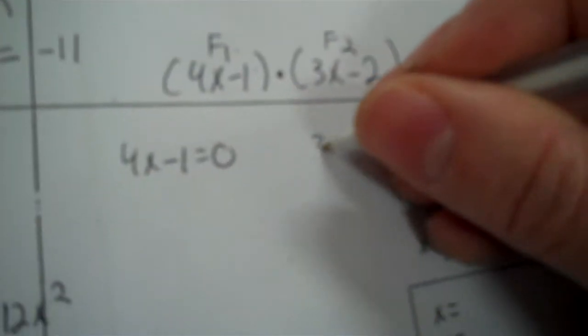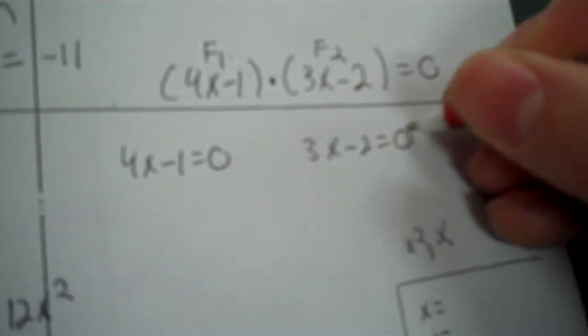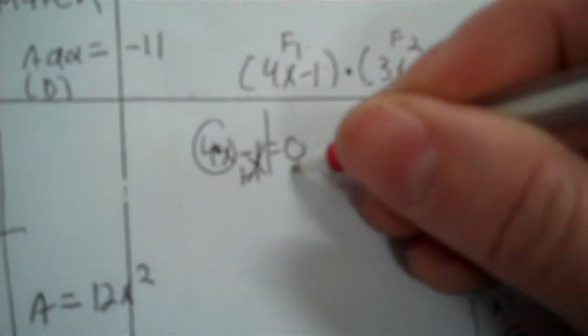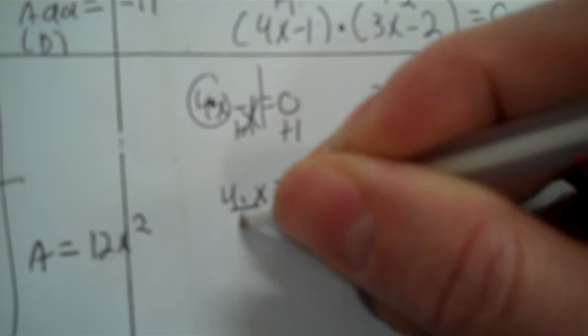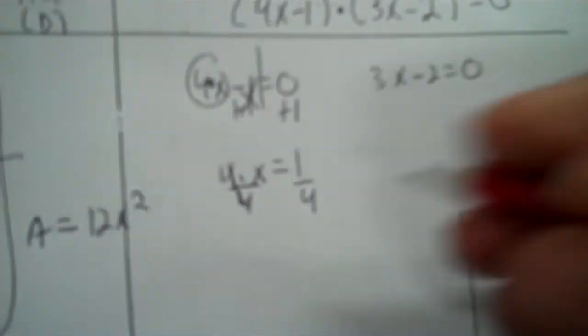So 4x minus 1 equals 0, 3x minus 2 equals 0. With the 4x minus 1, you're going to have to add the 1 first, then take 1 divided by 4. If you put a decimal, that's fine, or you can just go second PRB, it's 1/4. I'm fine with 0.25.